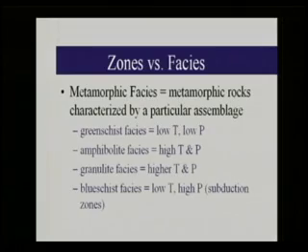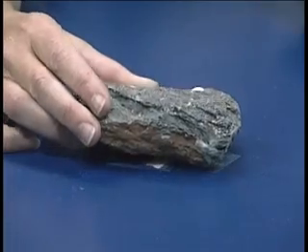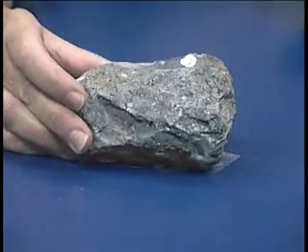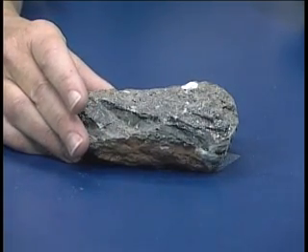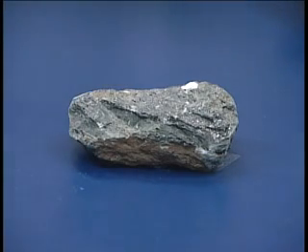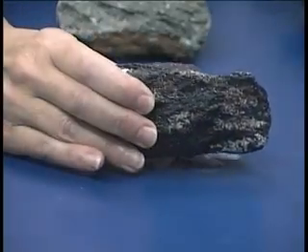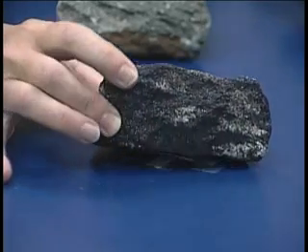Now, green schist facies are commonly characterized by the mineral chlorite, and I brought a sample to show you. Chlorite is a green rock, and again, it's indicative of low temperature and low pressure metamorphism. Now, if we move up in temperature and pressure, we can get amphibolite facies, and here is an example of amphibolite.